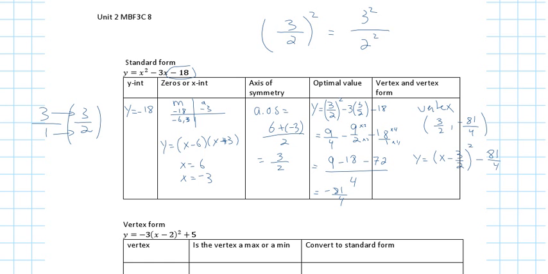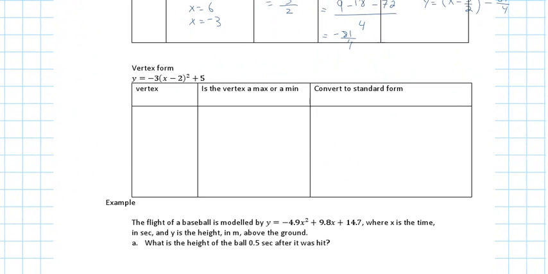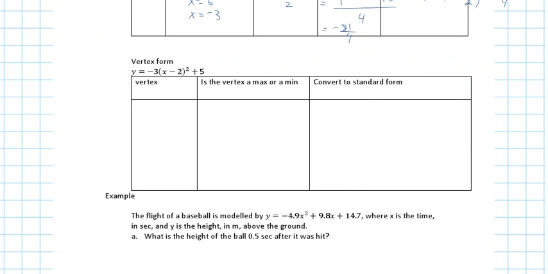Now, if it's in vertex form, what's your vertex? 2, 5. Is the vertex a max or a min? Max. It opens down, right? And if you want to convert to standard form, what do you have to do? Expand. So write the x minus 2 twice.